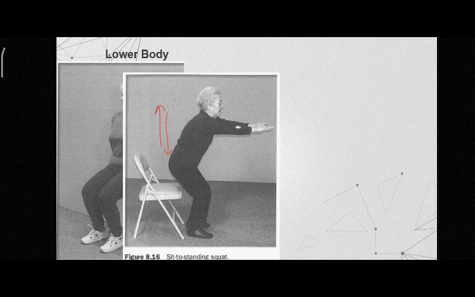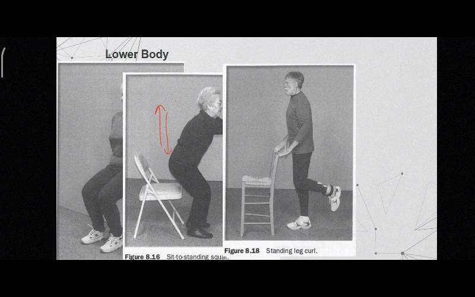If they are able to do that particular thing, then you have to ask the patient to stand from the sitting position and then do a squat, and then again they can sit. Similarly, you can ask the patient to stand behind the chair, and while wearing some weights on the legs, they can do the leg curl.